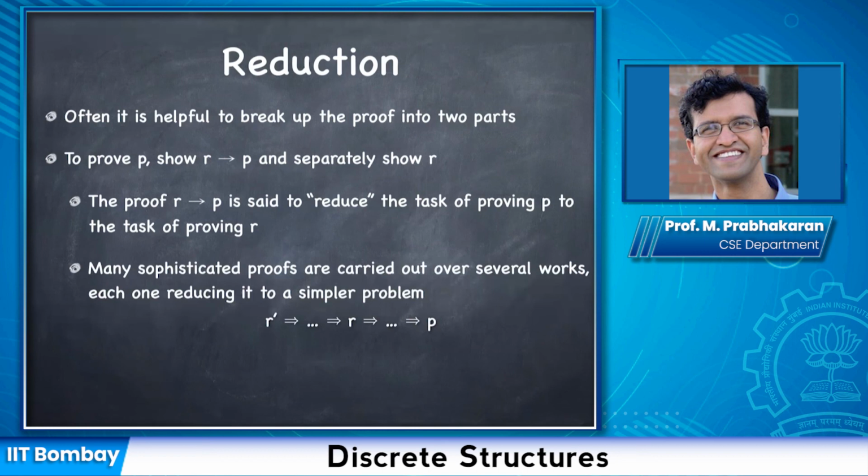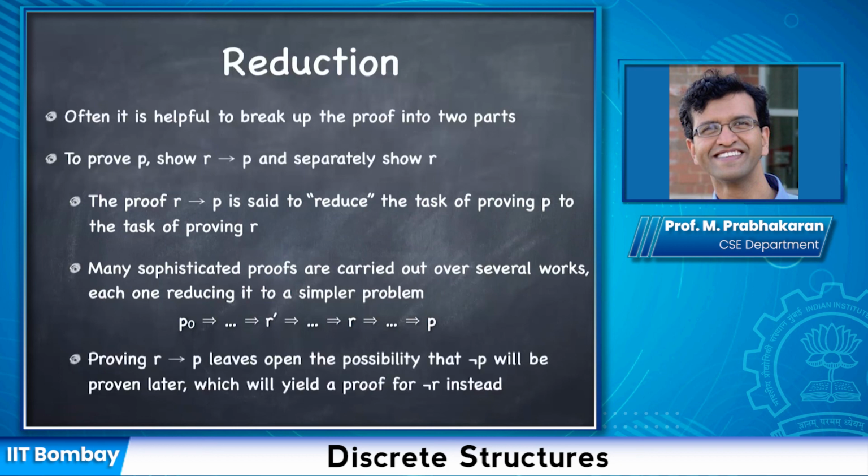They will come up with another conjecture R prime and show that if R prime holds, then R holds, until hopefully someday somebody will start from the axioms and show that R prime actually holds, and then all these things put together is a full proof of the original proposition P.